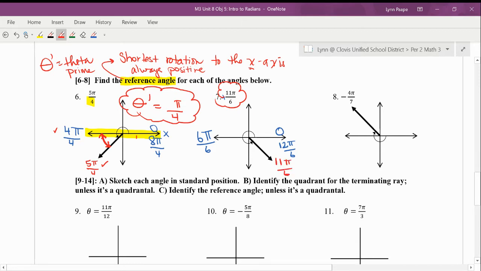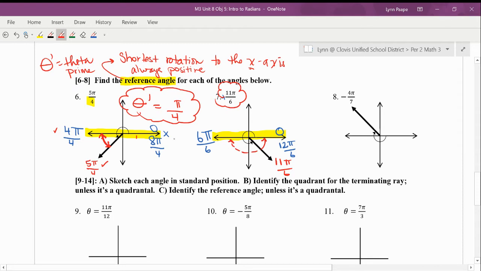And then to find the reference angle, we're always going to go to the x-axis. So I'm going to highlight my x-axis. And I want to figure out what is my shortest distance. So for my shortest distance, I want to figure out which way should I head. Should I keep going forwards to that 12 pi over 6, or should I backtrack over here?